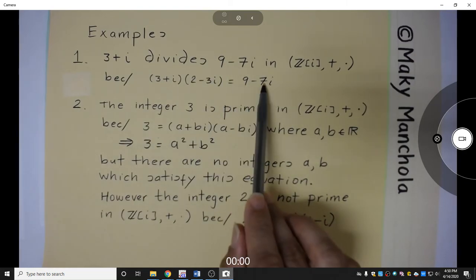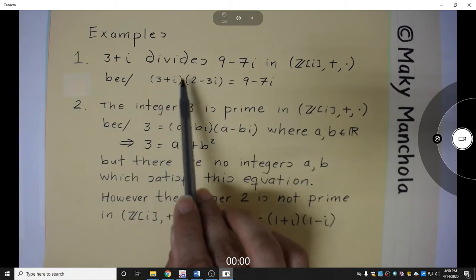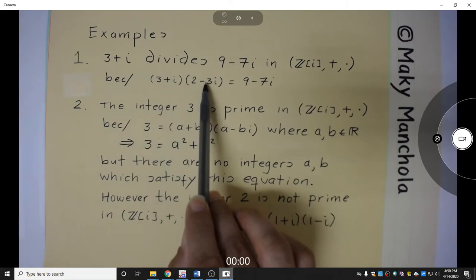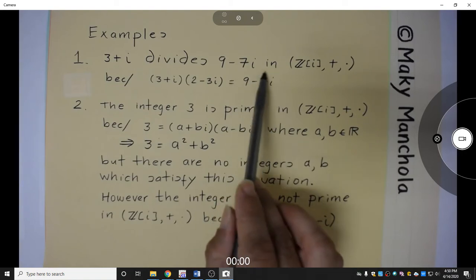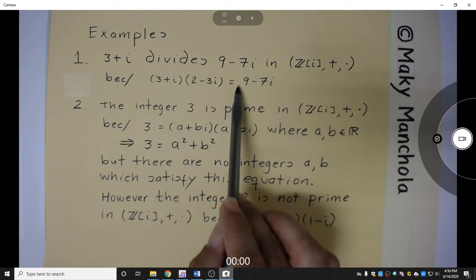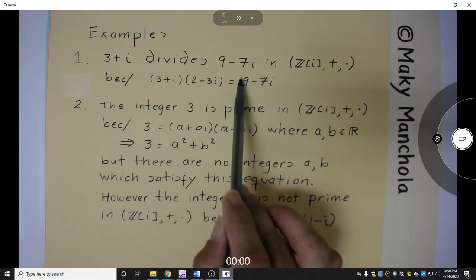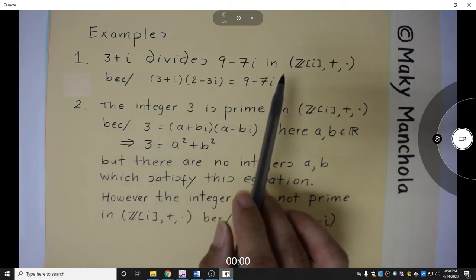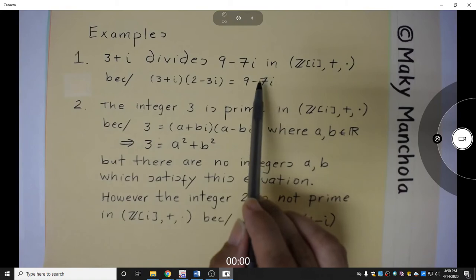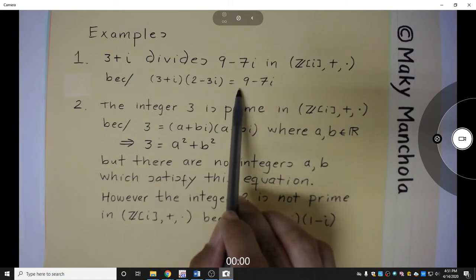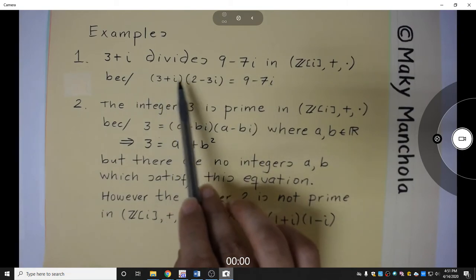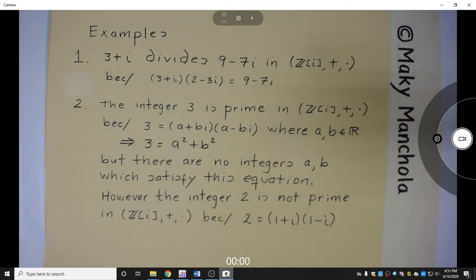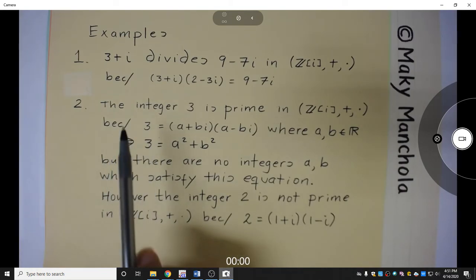So 9 minus 7i is the product of two Gaussian integers, neither of which is 9 minus 7i itself, or its negative, or 9 minus 7i times i, or negative i times 9 minus 7i. Neither of these is 1. Okay.